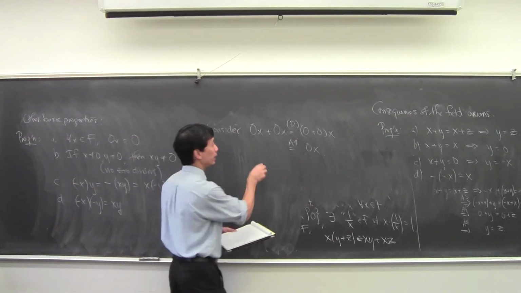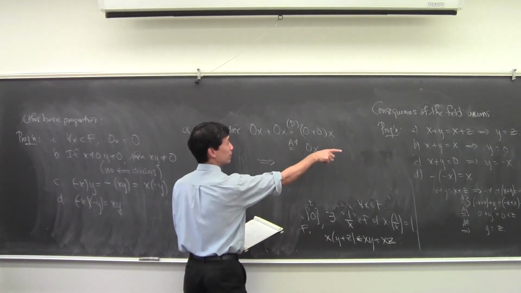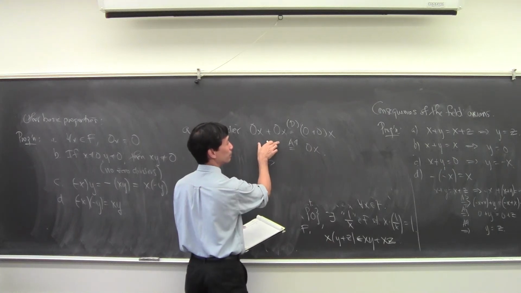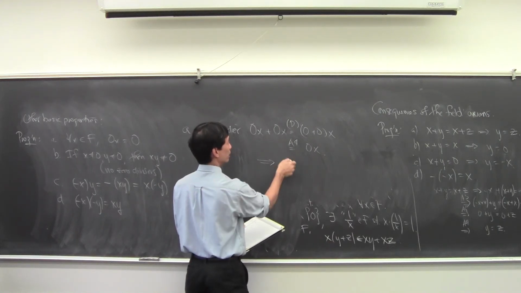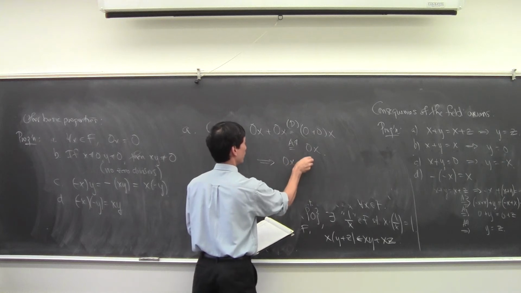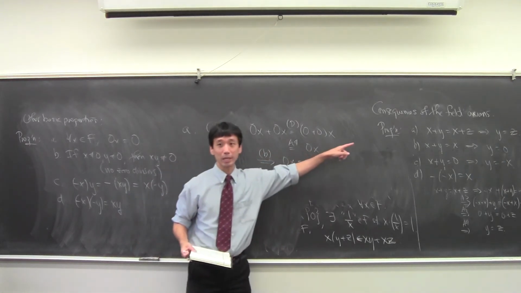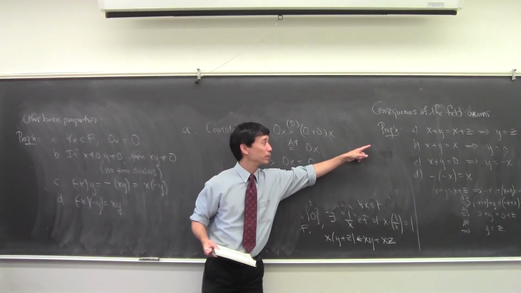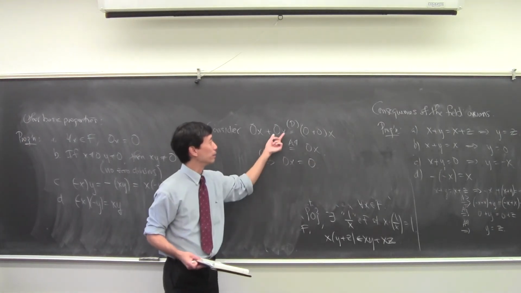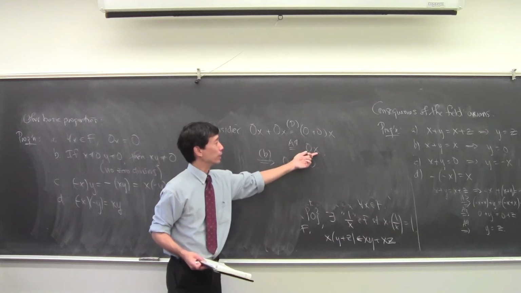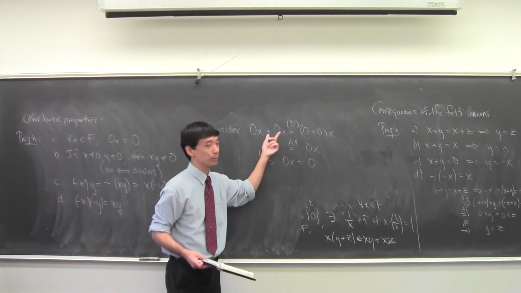And then by the previous proposition, number 2, from B, the cancellation proposition, this plus this is equal to this, so one of these guys must be 0.